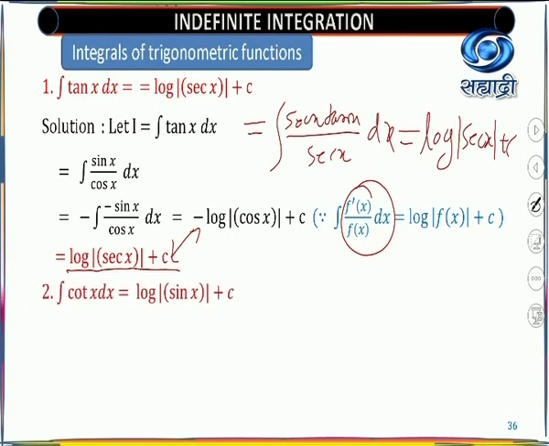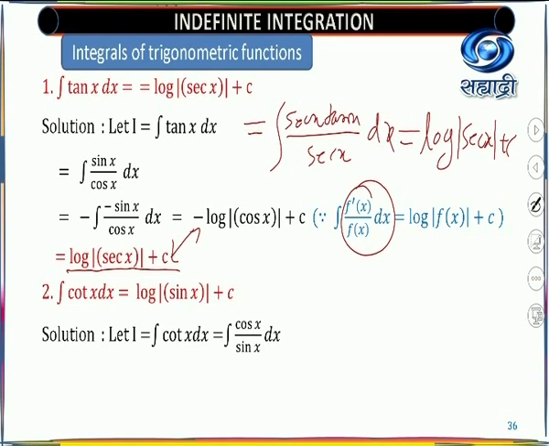Okay, so now this gives you the second example, that is integration of cot x dx. Here there is no negative sign actually. I equal to integration of cot x dx, a simple function: derivative of sine is cos.